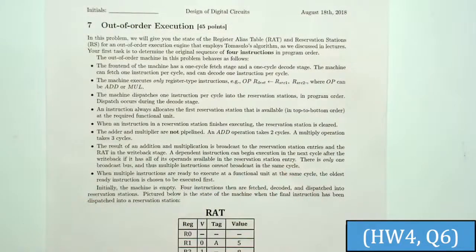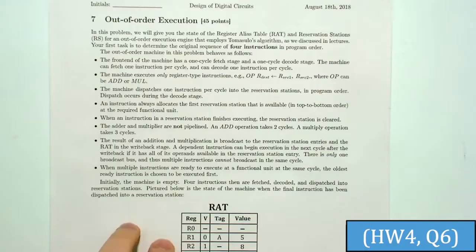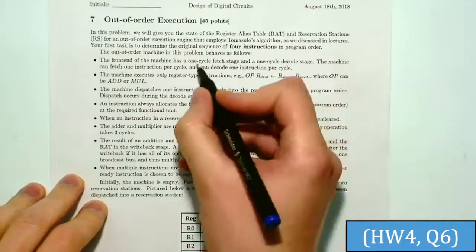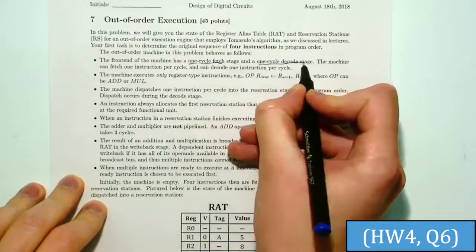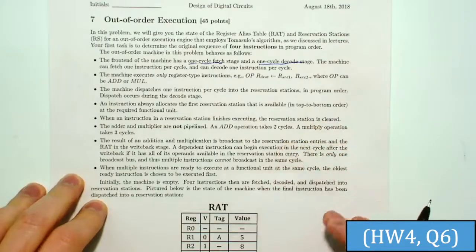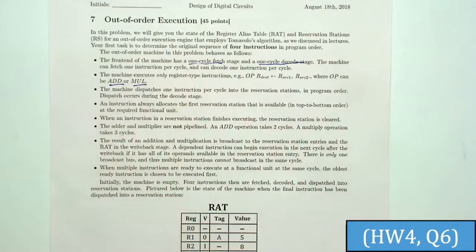Okay, the next question is on out-of-order execution. We solved a very similar question during the first discussion session, if you remember. So this is basically testing your knowledge of Tomasulo's algorithm. And I will just highlight a few important things here in the question. So there's a 1-cycle fetch and 1-cycle decode stage. And this machine can execute 2 different instructions, add and multiplication.